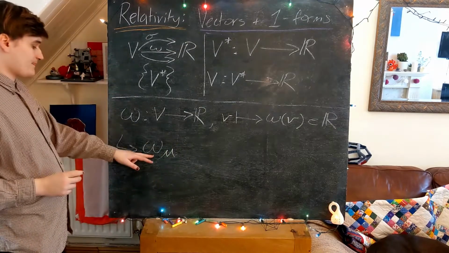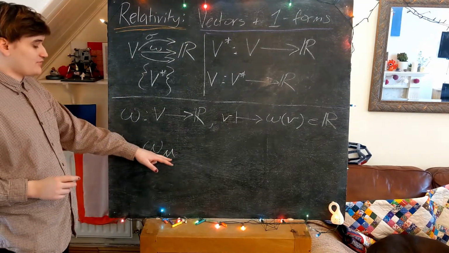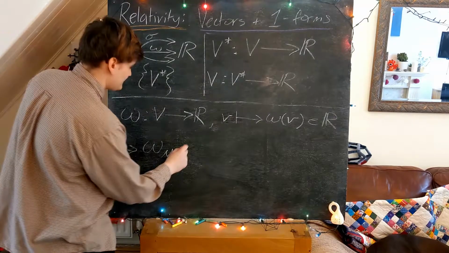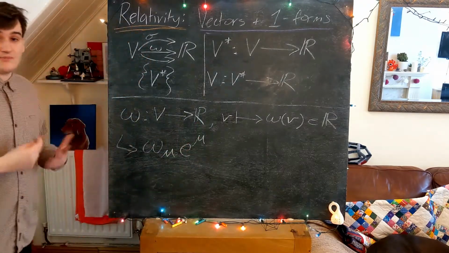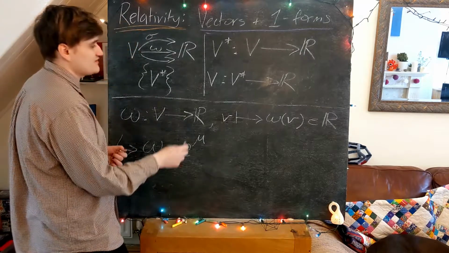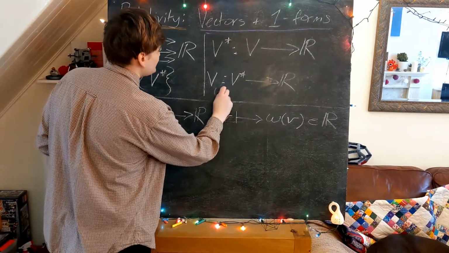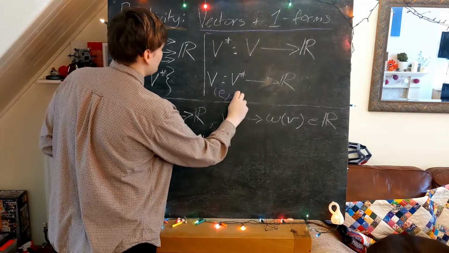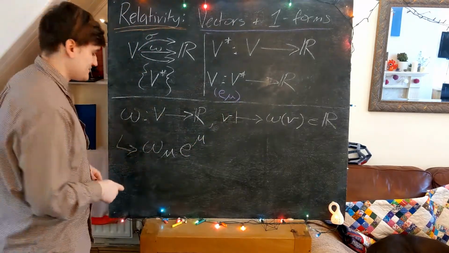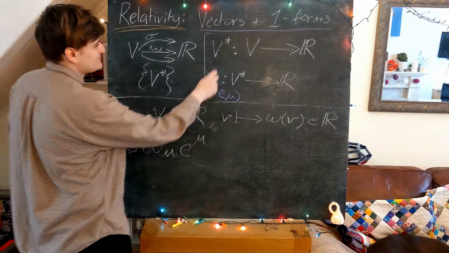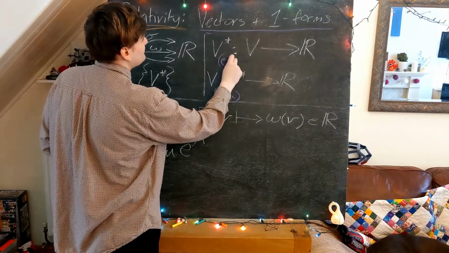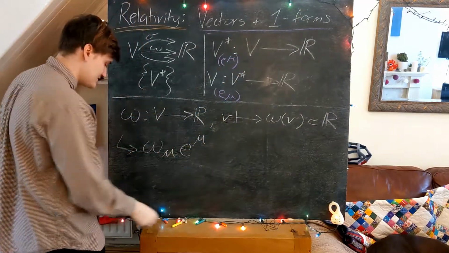For now, I'm going to index my components using a lower index, and my basis using an upper index. Remember when we wrote down the vector basis, it was this E with a lower index; now the dual vector basis is this E with an upper index.